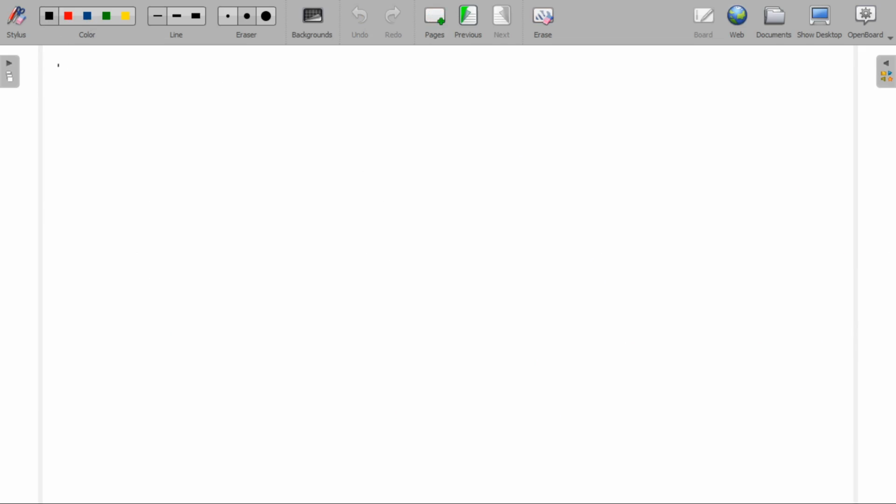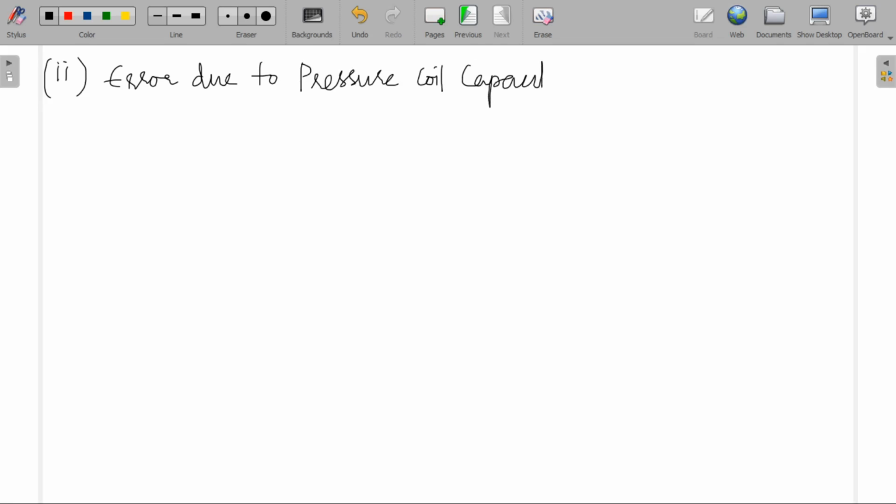Coming to the second error, due to pressure coil capacitance. This is the error due to the presence of capacitance in the pressure coil circuit. You're going to have the pressure coil circuit like this.